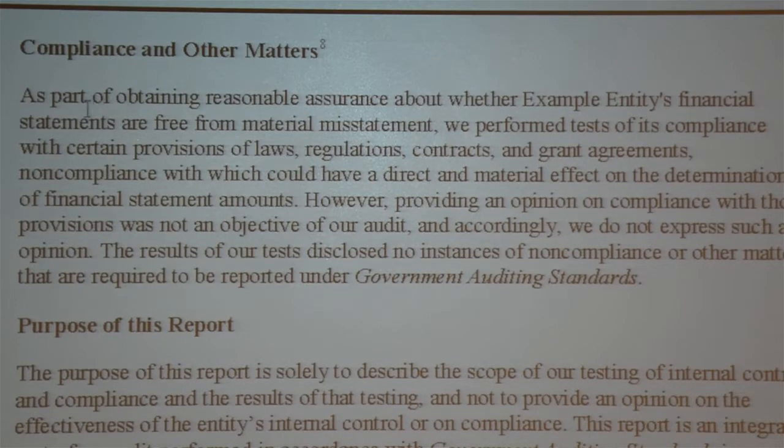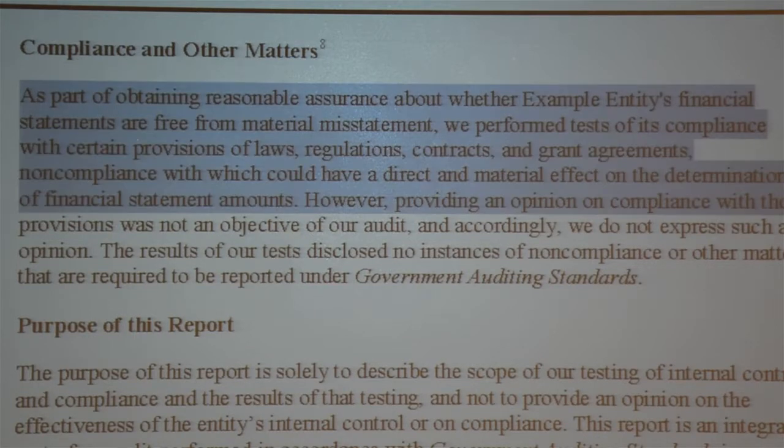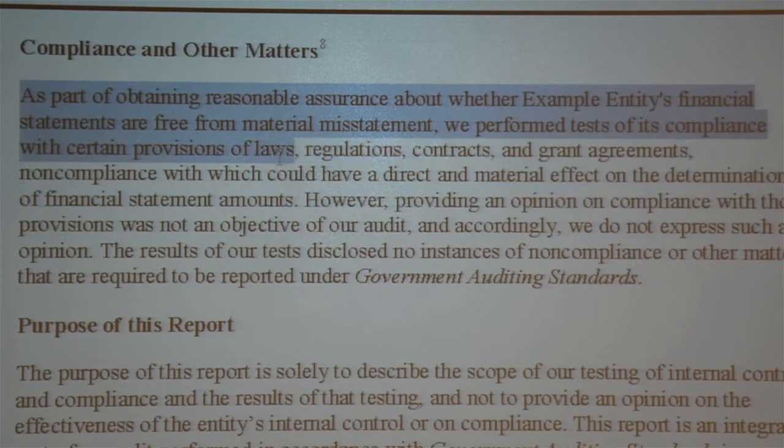I want you to remember this because we're going to come down to a discussion on findings in a minute after lunch, where we say, as part of obtaining reasonable assurance about whether the entity's financial statements are free from misstatement, we perform tests of its compliance with certain provisions of laws, regulations, contracts, and grant agreements, noncompliance with which could have a direct and material effect on the determination of financial statement amounts.